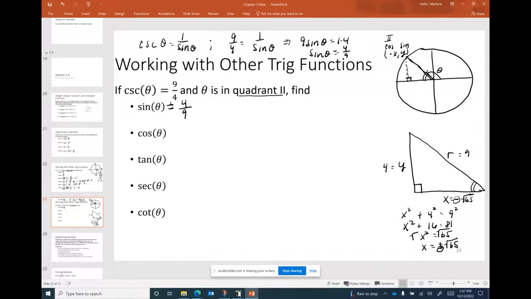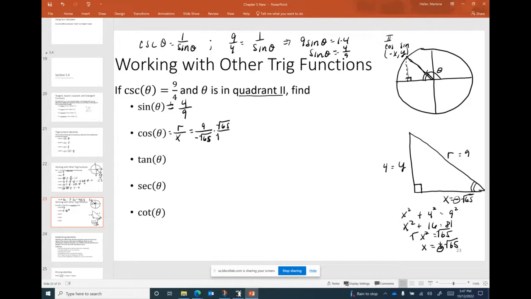The cosine then, its ratio definition is the radius over x, so we can say that this is 9 over negative square root of 65, and we should rationalize that denominator.